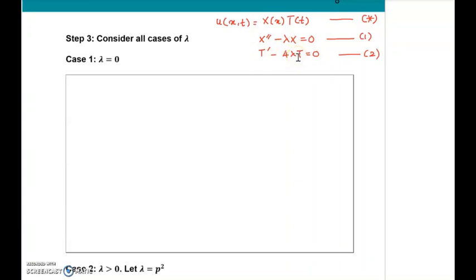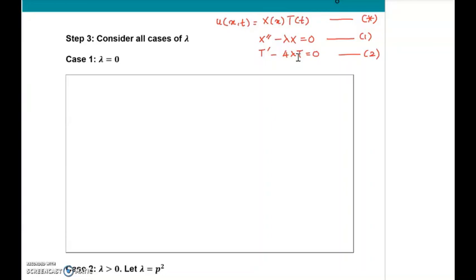Whenever we say constant, there are three possibilities. Lambda can be positive, lambda also can be negative, they are still constants, or lambda can be 0. So there are three cases of lambda, and we are going to consider each one of them.